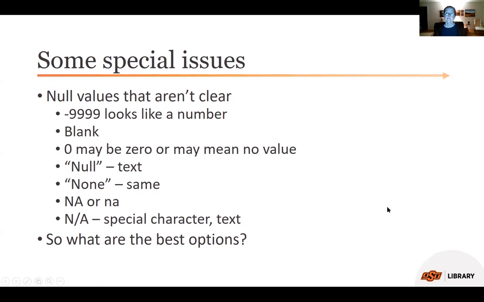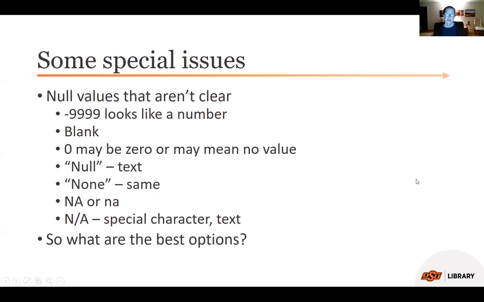Blank: if there's a blank spot on the spreadsheet, that may mean that there is a missing value, or it may mean that someone forgot to record a value. A 0 may actually be a numerical 0, or sometimes it may mean that somebody did not have a value for that data cell.